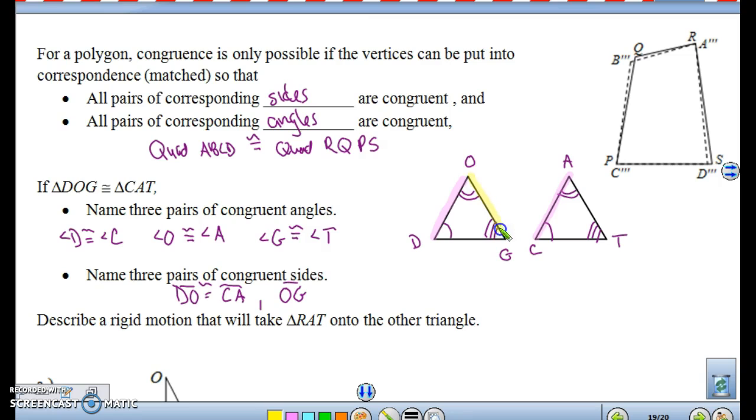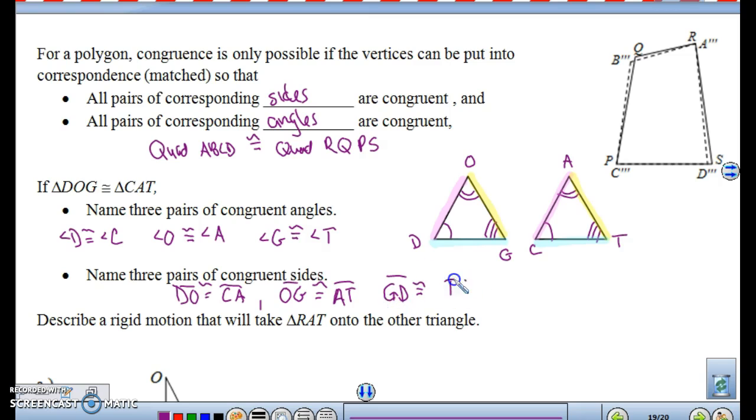Here's OG. In the same place, AT. OG is congruent to AT. And then the third side, GD, should be congruent to TC. It is congruent to TC.